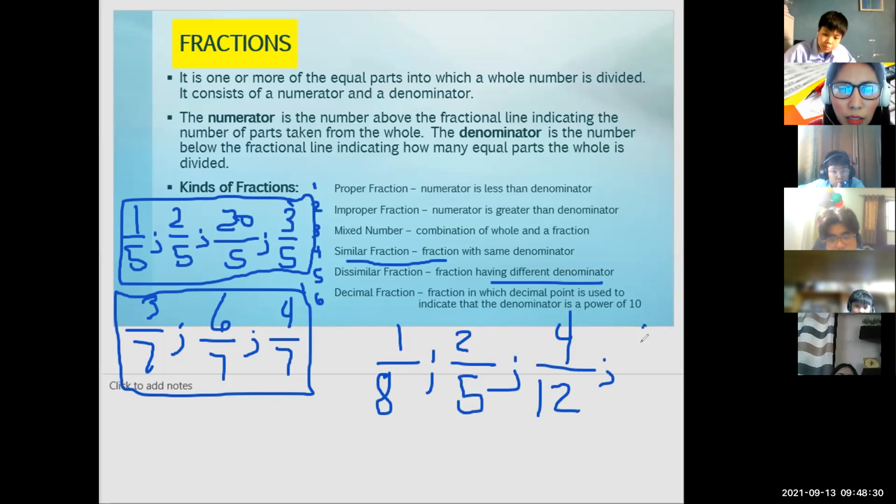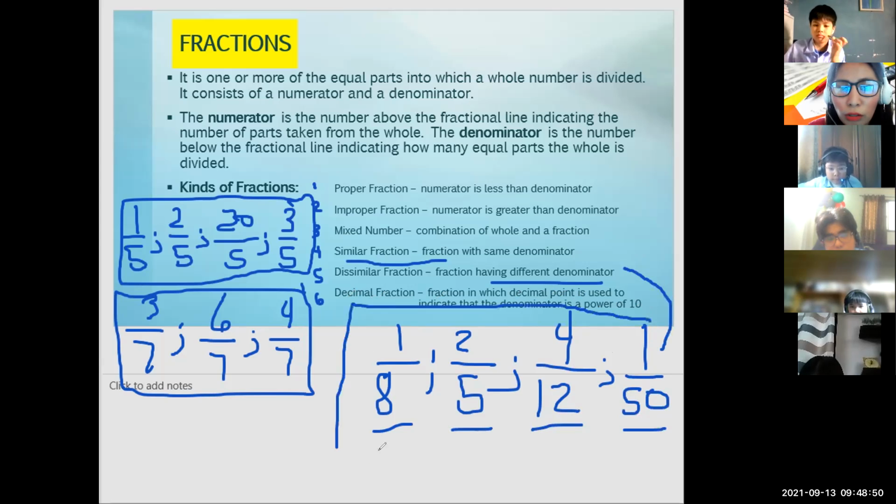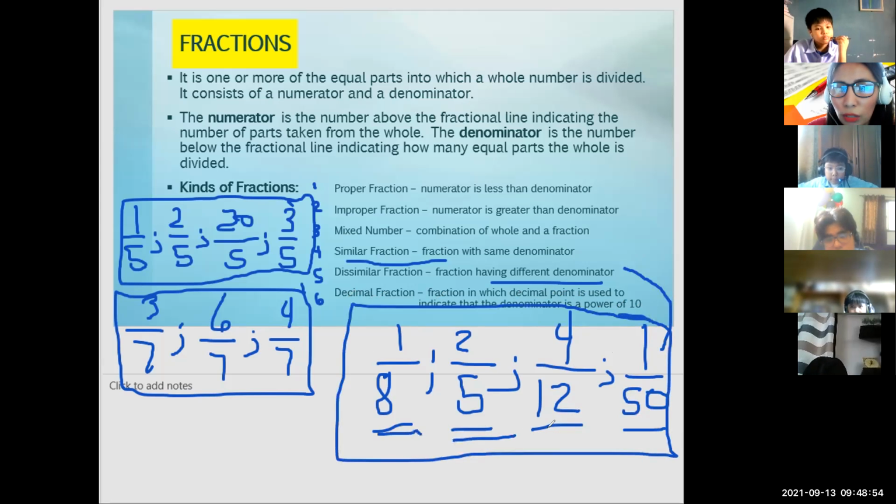Let's say 1/50, like that. As you can see, they have different denominators, right? So we can categorize these 4 fractions here as dissimilar fractions if we put them all together, right? Because they have different denominators. Okay, can you copy, class? Can you understand our lesson?